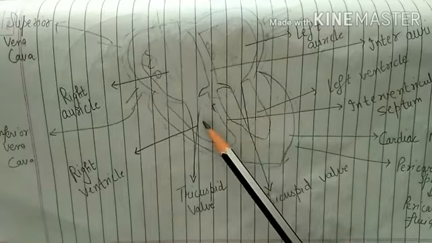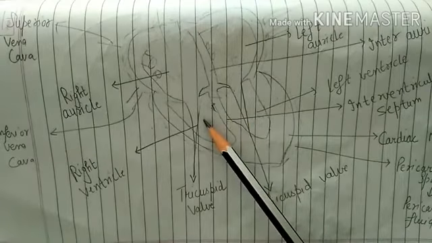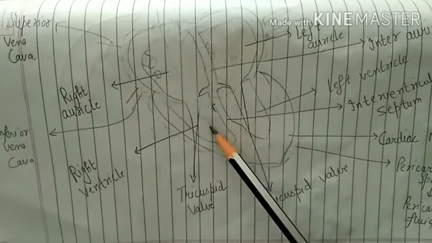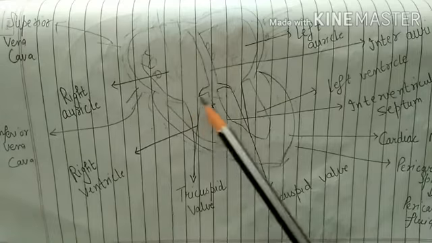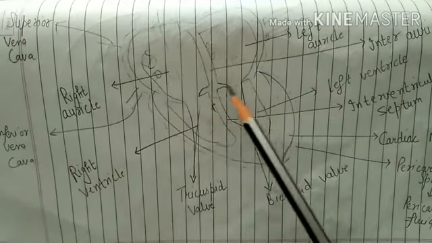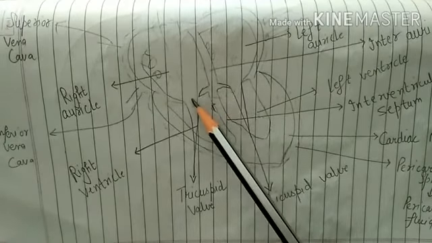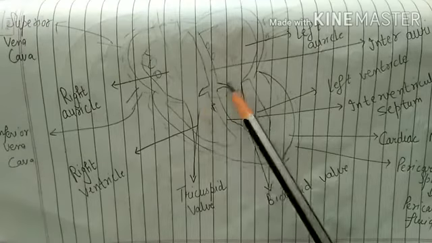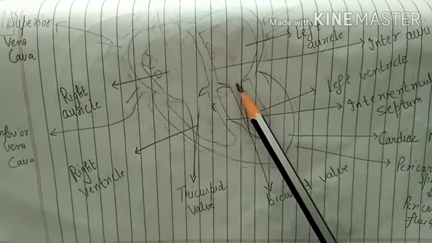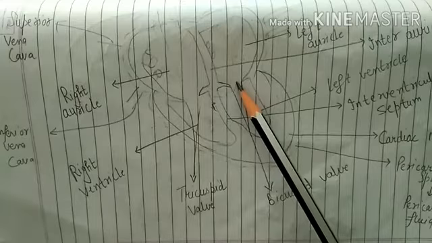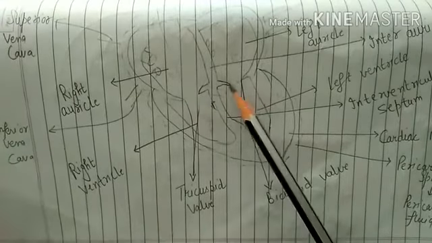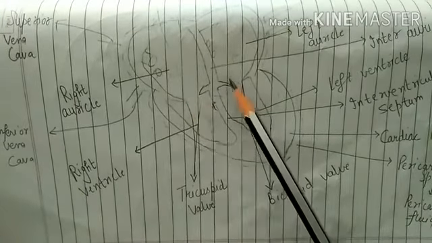Now the ventricles contract. When the ventricles contract, the cuspid valves are shut, closed, and the semilunar valves open up. So what are semilunar valves and where are they present?